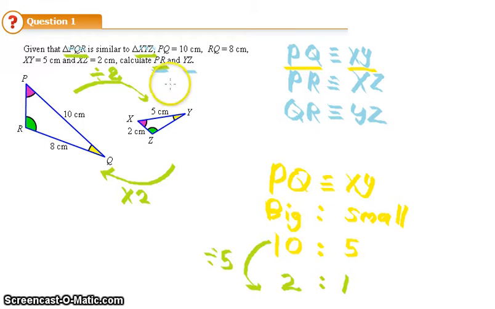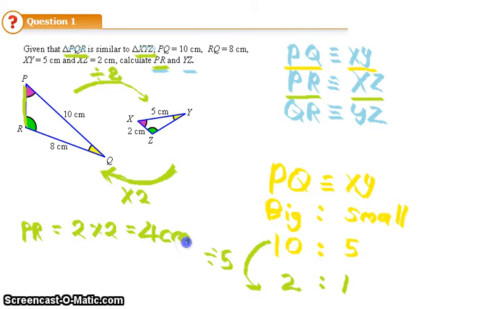PR corresponds to XZ, which is 2. If it's 2 cm, when you move to the big triangle, you need to times 2. Therefore, PR is equal to 2 times 2, which is 4 cm. So there we have it, the first question.